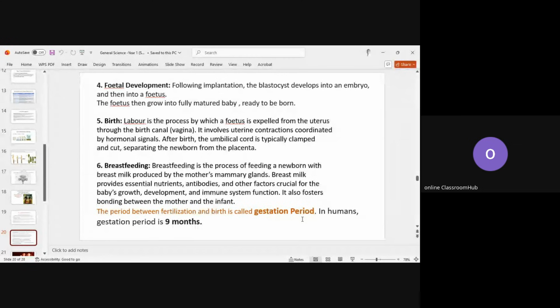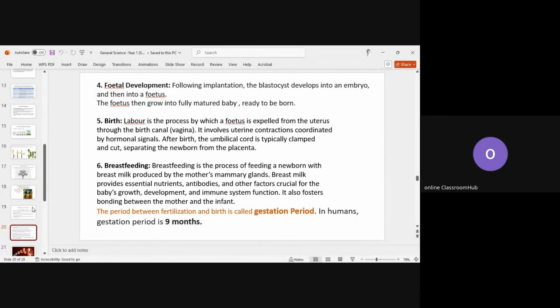The very day a woman becomes pregnant, the very day the egg and the sperm cell fertilizes until the day the baby is born, that period, those days, months, weeks, we call it gestation period. And in humans, gestation period is 9 months. So after 9 months, the baby is well developed to be born. And that is what we call gestation period.